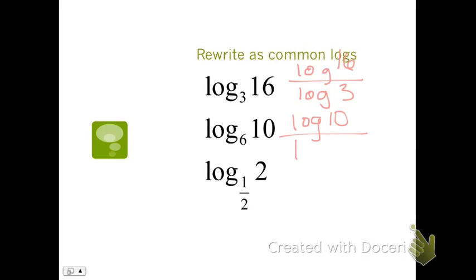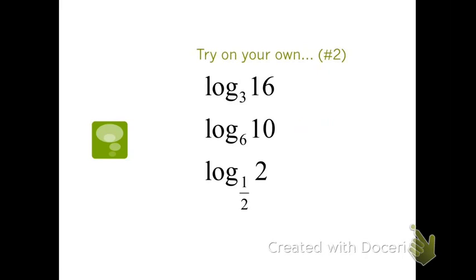Common log of 10, common log of 6. I can now plug that into the calculator. I want you to try this last one on your own. Plug it into the calculator once you get into common log form, and then give me the answer. So evaluate this one.